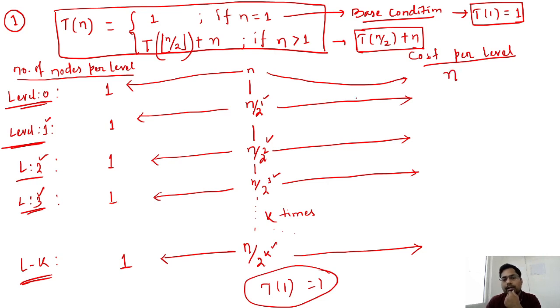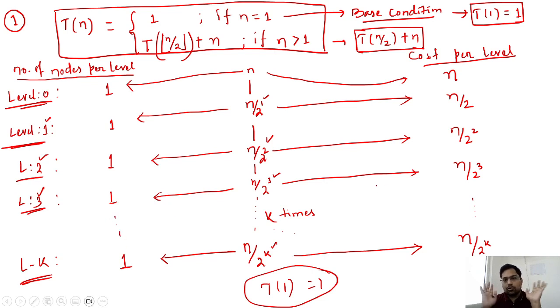Simple. Here the cost is n by 2. Here the cost is n by 2 square. Here the cost is n by 2 cube, because I told you these are the cost. Now the cost is n by 2 to the power k. This is what you have to write.